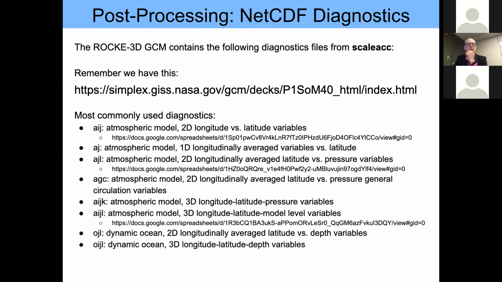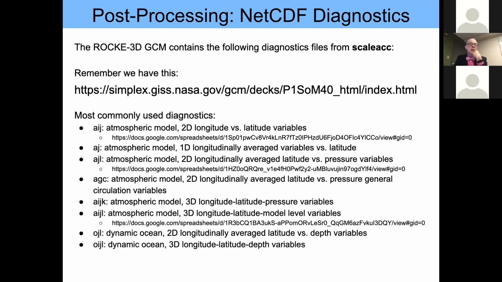So we made some effort on the ones that we have most commonly used, and those links are here, and hopefully they still work. We generated these last year. If you want to know what the diagnostic output is from these AIJ files, you can go to this document, it'll tell you what they are.